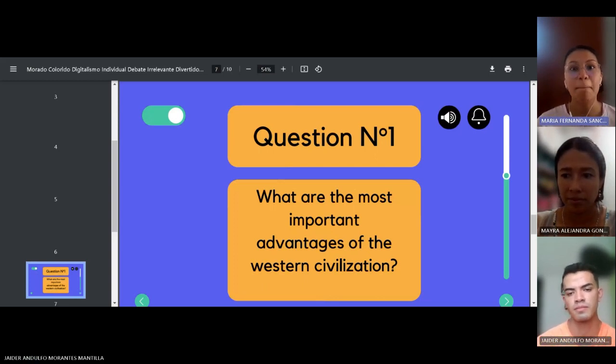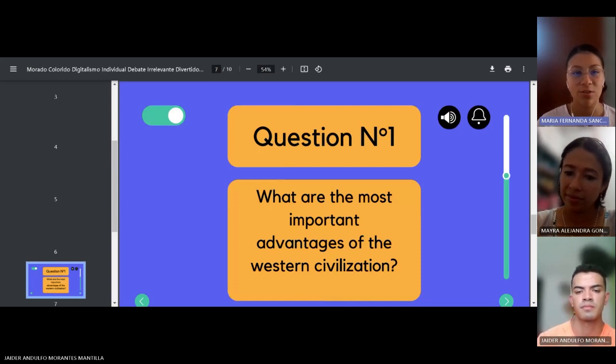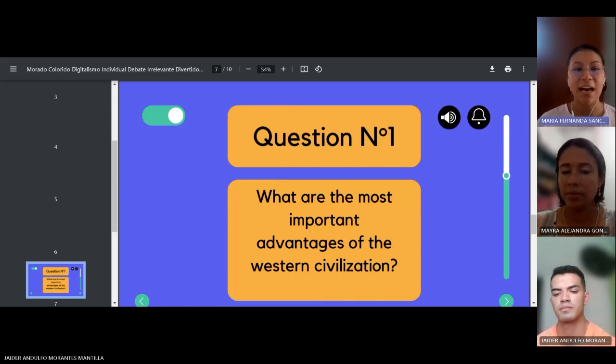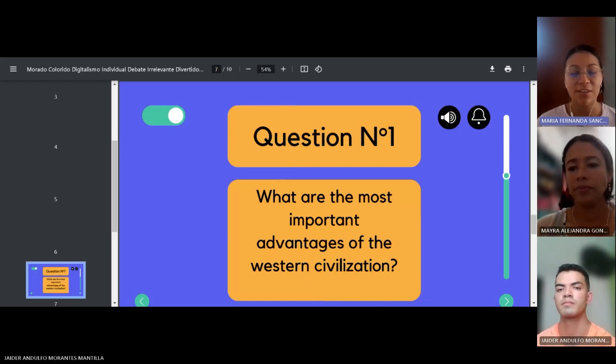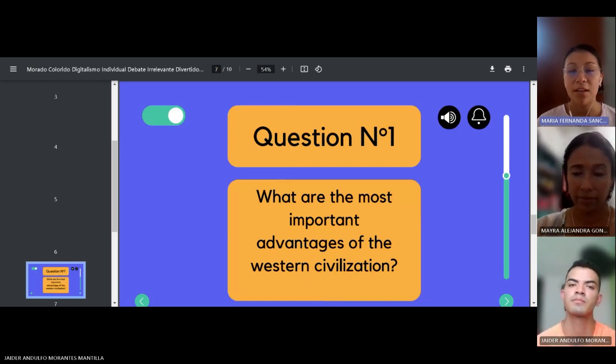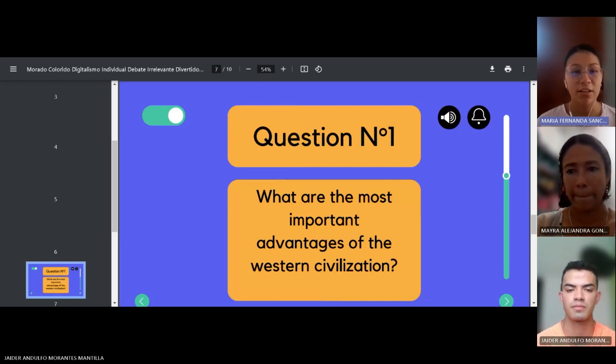The second big advantage that I will present to you is the cultural diversity and global influence. The Western civilization has fostered cultural diversity and has had a profound influence on art, literature, music, and philosophy, enriching humanity's collective heritage.